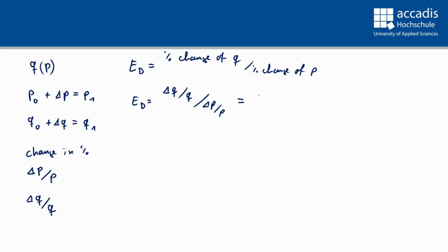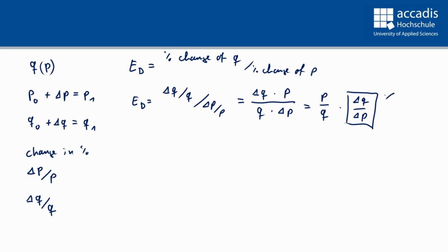We can change that around a little bit, make it look a little nicer. This is delta Q times P over Q times delta P, and then we can rearrange that one last time. P over Q times delta Q over delta P, and this should look familiar from your math class.